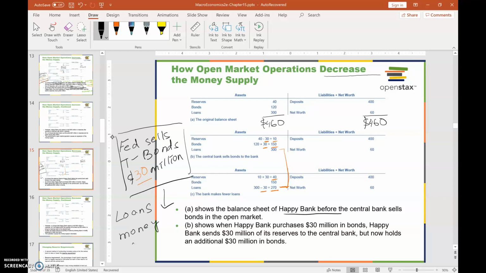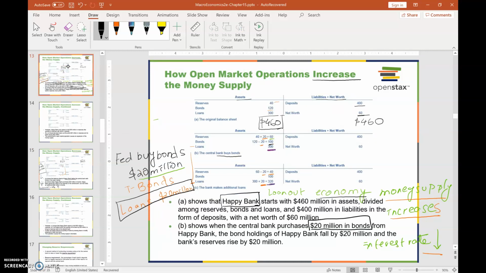As a result, the money supply in the economy will go down and the interest rate will increase. You'd say money supply is inversely related to interest rates.